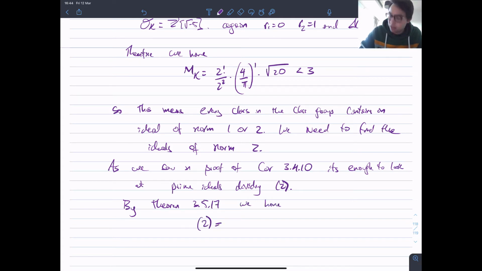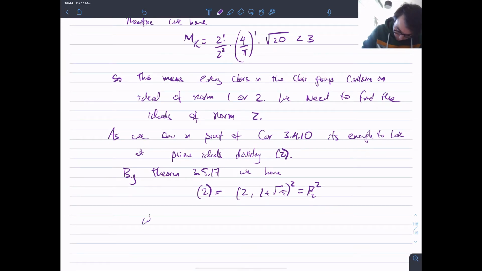The ideal (2) factors as follows: (2) is the ideal (2, 1 plus square root of minus 5) squared. I'll call this P2 squared. This means that there's only one ideal showing up in the factorization of 2, and P2 is a prime ideal of norm 2.